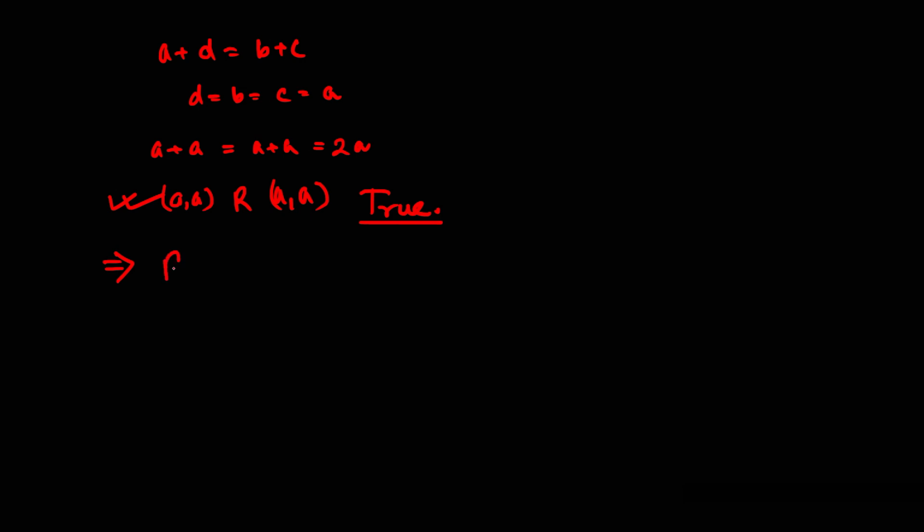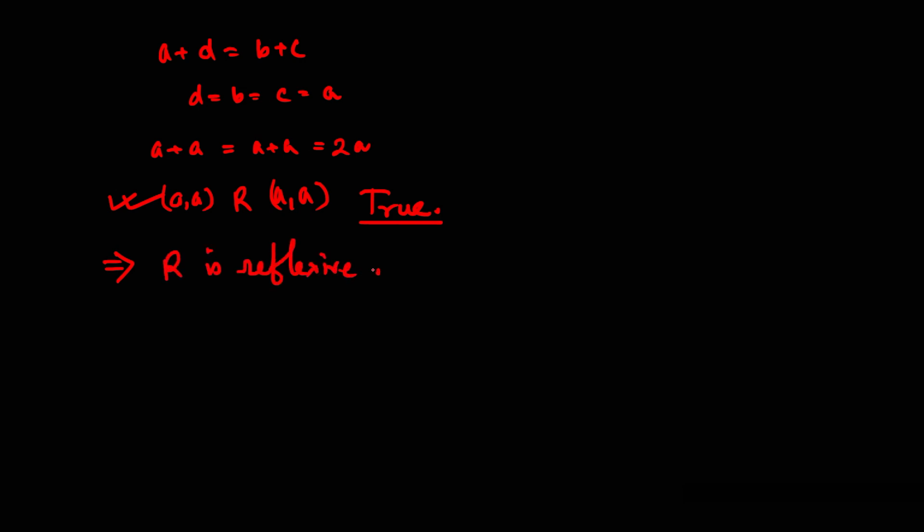So a plus a equals a plus a, and both are equal to 2a. So (a, a) is related to (a, a). This holds, and that implies R is reflexive.